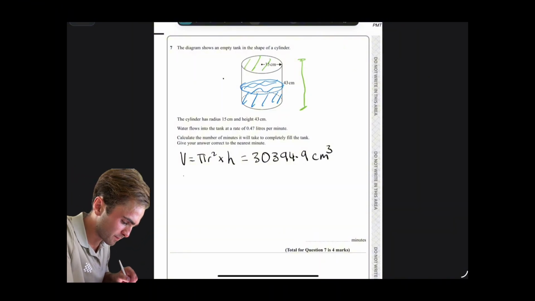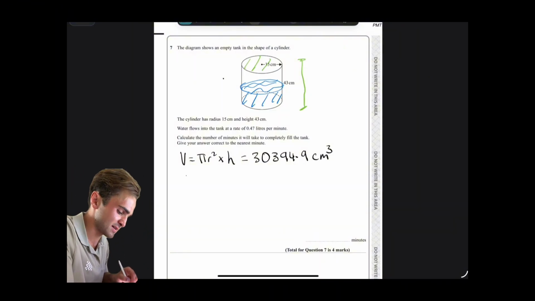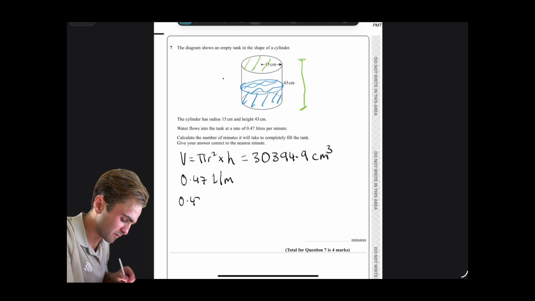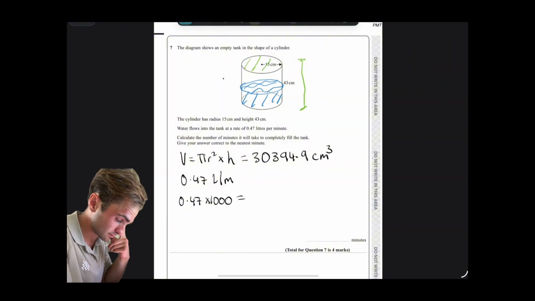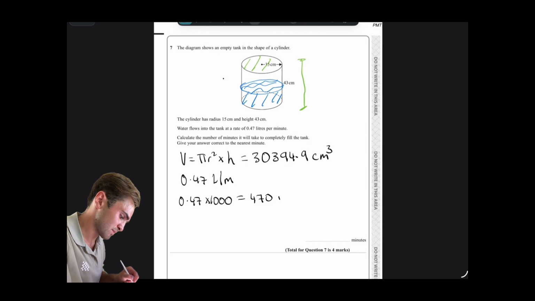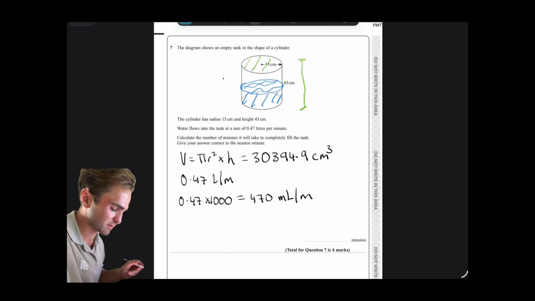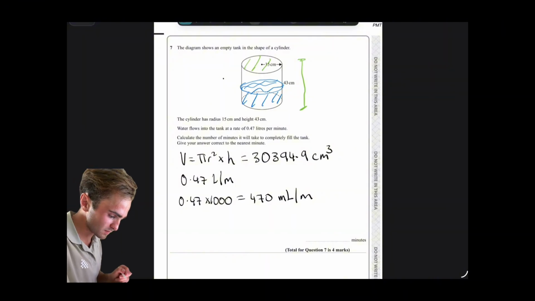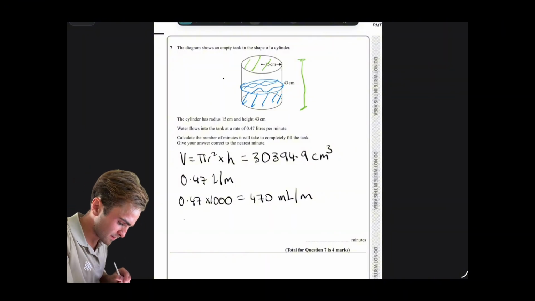And now we have water flowing into the tank at 0.47 litres per minute. So if we do 0.47 times 1,000, we get it into the right units. So this is 470 millilitres per minute, if that makes sense, because there's 1,000 millilitres in a litre. So how long is it going to take?